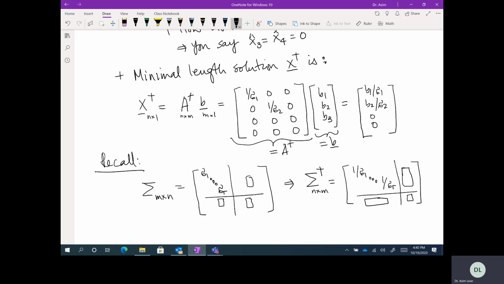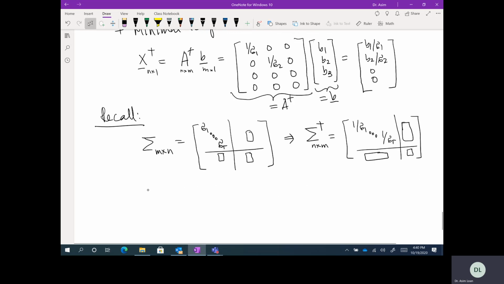Okay. And sigma plus times b is simply b1 over sigma 1, up to br over sigma r, and then we have this 0 over here. Okay.